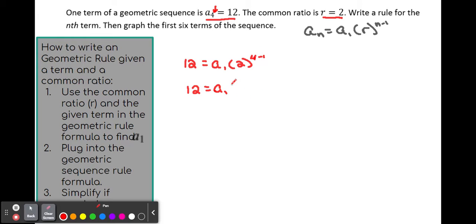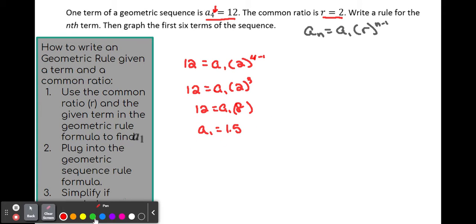So 2 to the third power in this case. Right, well, 2 to the third power is 8. And when you solve that, you find A sub 1 is 1.5, or 12 over 8. 3/2, sorry, I was blanking there, or 3/2.